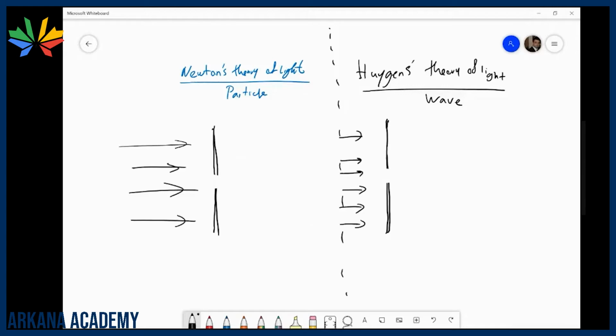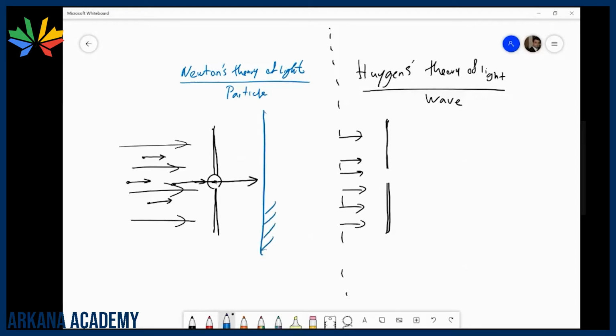If Newton's theory is the right explanation of the behavior of light, which says that light is particles moving at very high speed, then some of the particles would pass through this point, and few of the light's particles would pass through the slit.